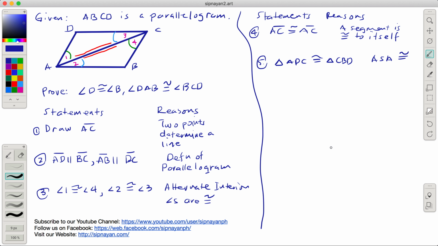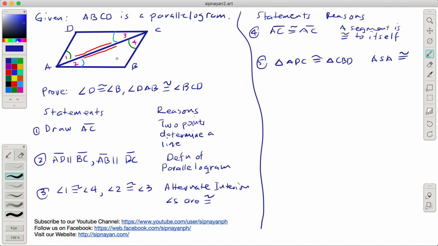Okay, so pag congruent yung dalawang triangles, ibig sabihin yung corresponding sides nila at saka corresponding angles are congruent. In fact, corresponding parts are congruent. So, alin ang corresponding parts dyan? Sa angle, for example, angle 2, ang corresponding part niya ay angle 3. Ang angle 1, ang corresponding part niya ay angle 4. So, ito na lang natira, di ba? Dalawa.